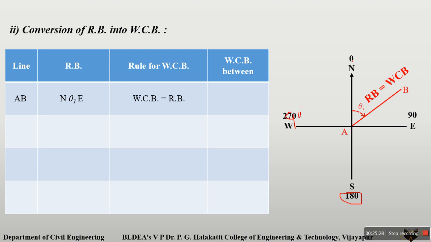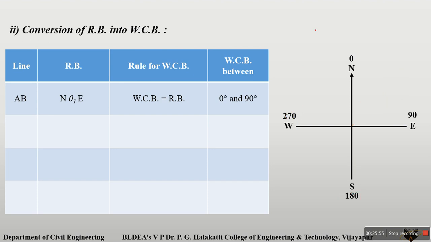So you have to remember that converting WCB to RB or RB to WCB in the first quadrant, both are the same. Whatever the angle theta 1 is, it is between 0 degrees and 90 degrees.